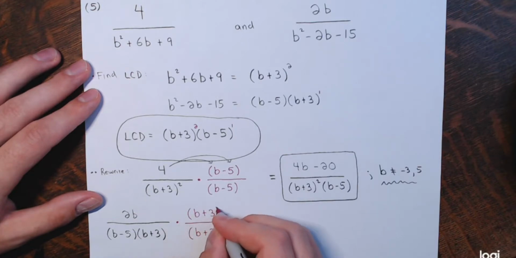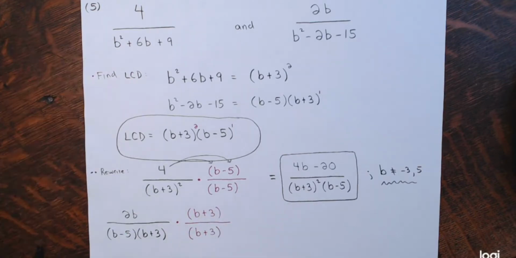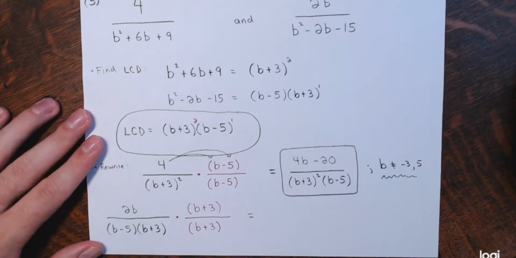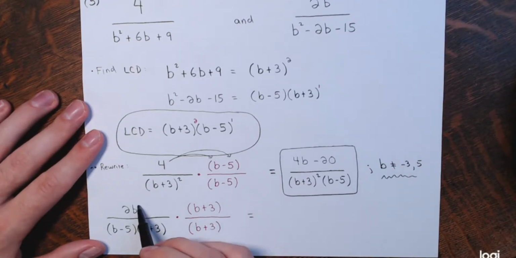I multiply by this factor of b plus 3. Don't forget parentheses. Once again, you can leave everything factored and write the denominator as a product. But as I've been doing in all the examples, I'm going to actually multiply out the numerator and keep the denominator factored.